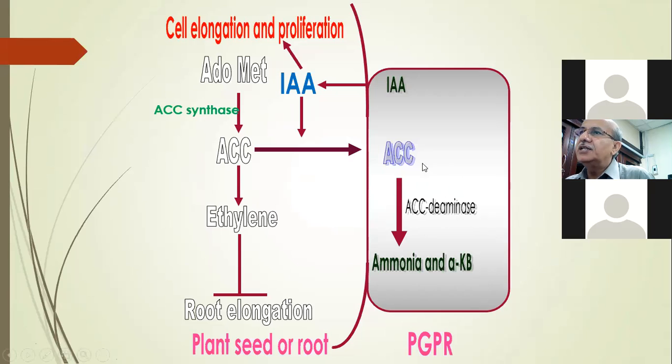So this mechanism, we are known not only in Pakistan, rather the world over, that we are working on ACC deaminase containing bacteria which have the ability of producing ACC deaminase, right? So I wish that you must know at least what is going on in your department, in your institute. Whatsoever biofertilizers we have developed contain these typical characters, that they have the ACC deaminase activity in them, in addition to some other mechanisms. Okay, we move forward.